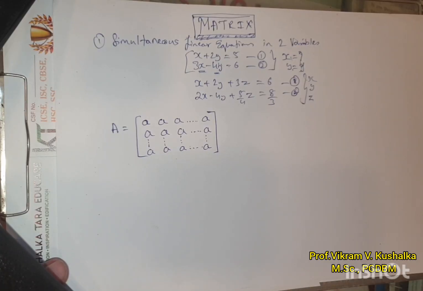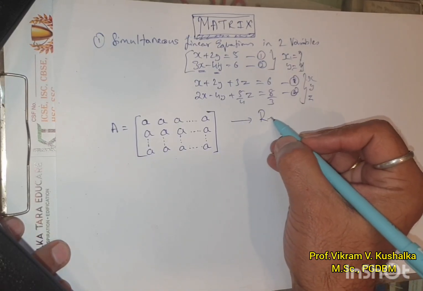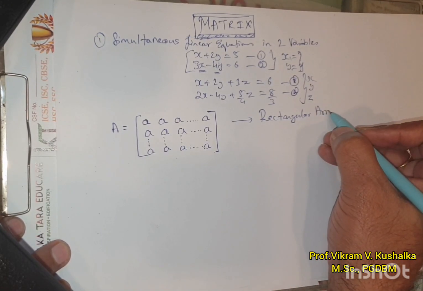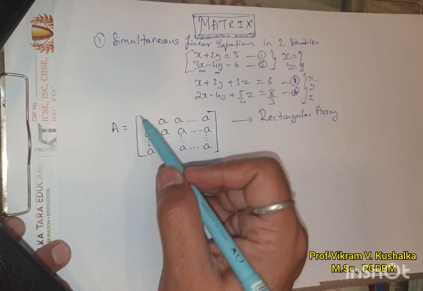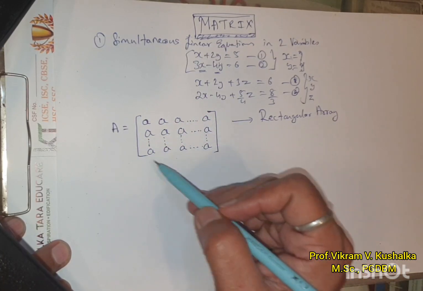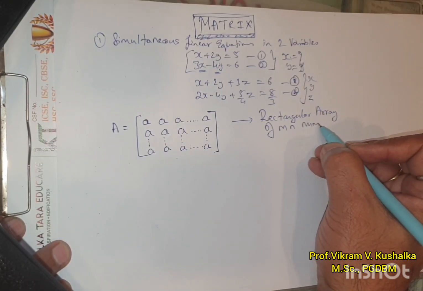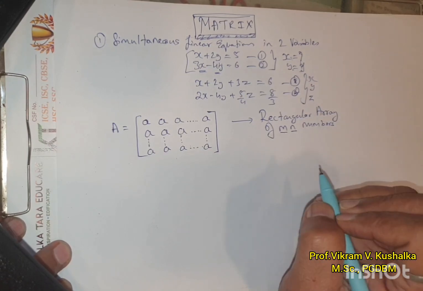So what is a matrix? Number one, it's a rectangular array of mn numbers. That is, the arrangement of terms in a rectangular box. Now what are these m and n numbers? That also I'll explain to you.